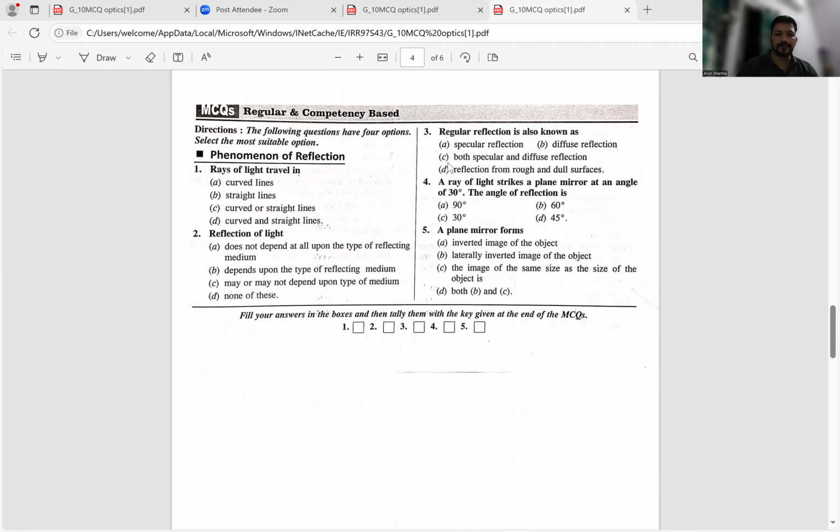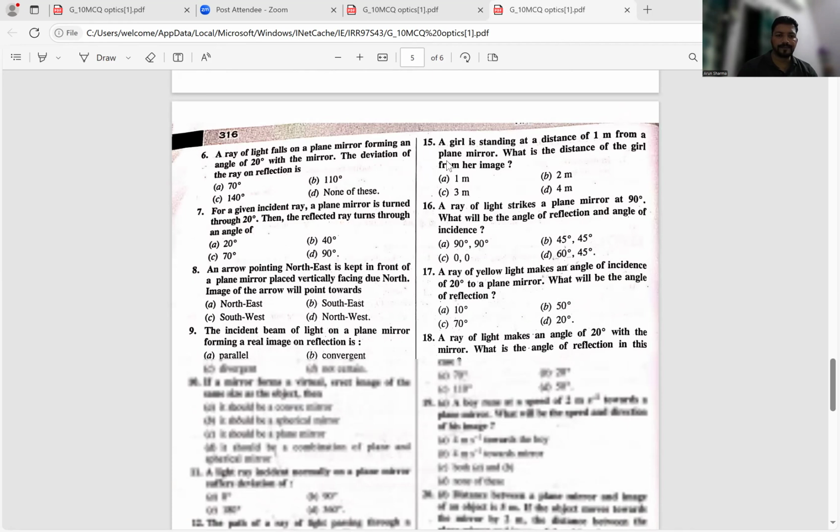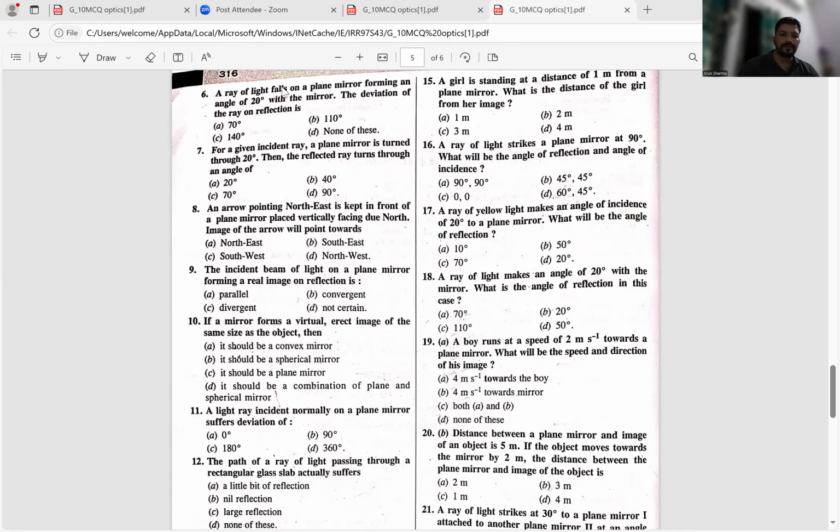So just wait, we move on to question number third. So you understand a ray of light falling on a plane mirror forming an image of 20 degrees. So which type of mirror and deviation of the ray of light?